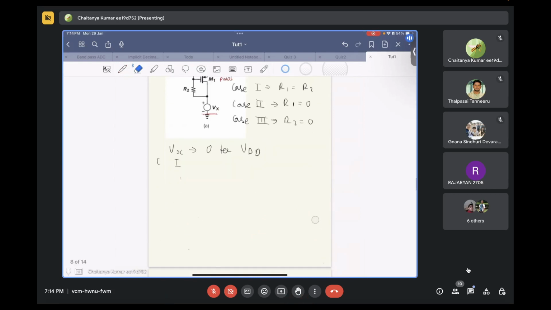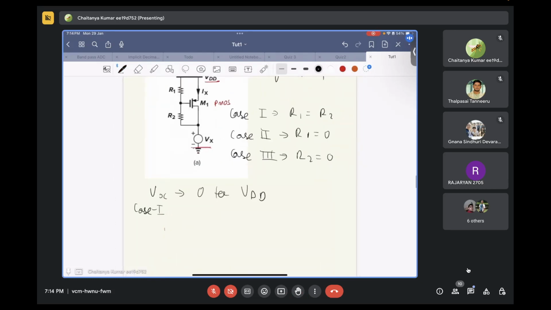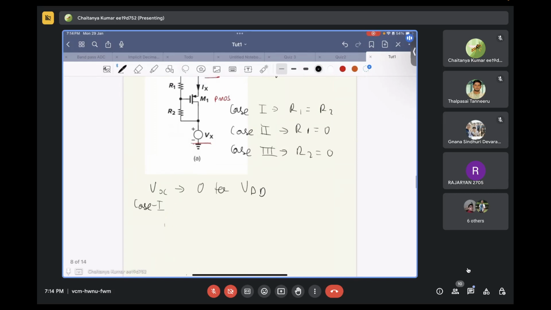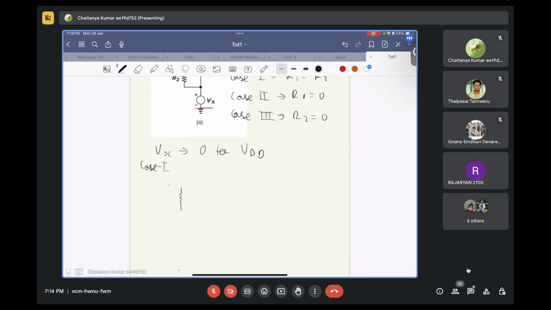So let's start. Case 1. What is case 1? R1 is equal to R2. So in this case, some value R, then again R, and a PMOS connected to VDD.